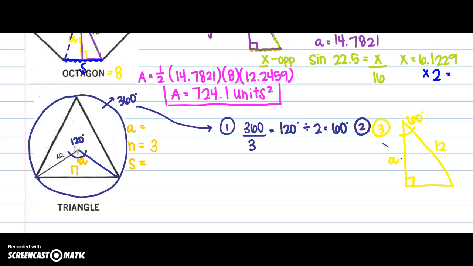So you can do this one of 2 ways. Because I have a 30, 60, 90 triangle, I can use my equations there, or you can use SOHCAHTOA, whichever one you want.